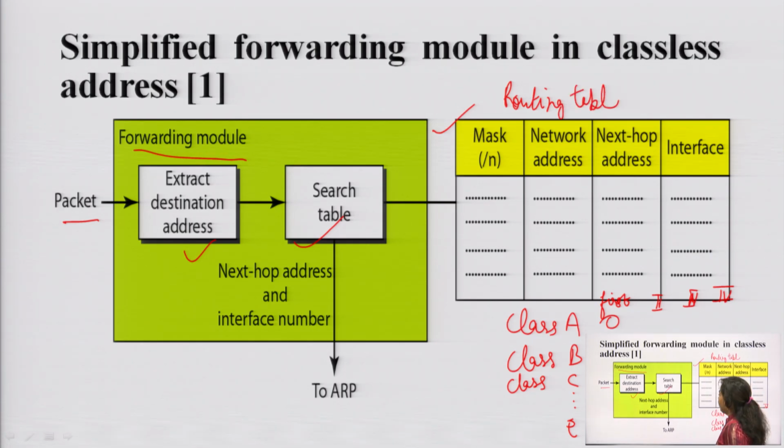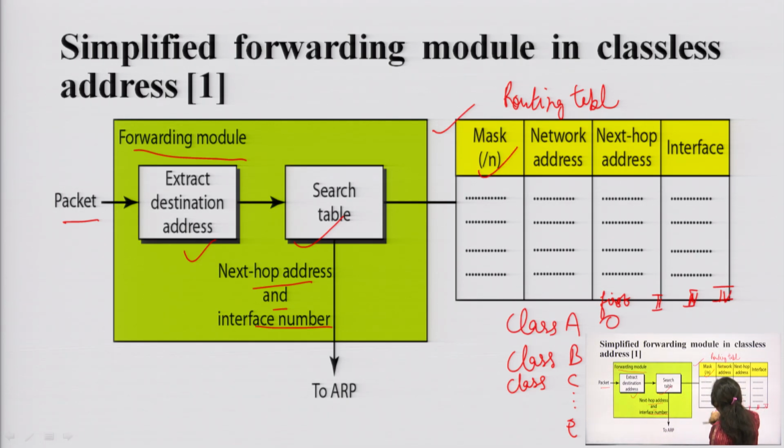The packet has to be transferred from this point to this point. So, this is the next hop address and the interface number which is shown over here. After the packet has been transferred to this forwarding module, it will be matched against this exact destination address, and it is going to search from this.